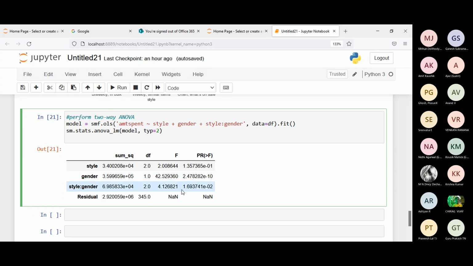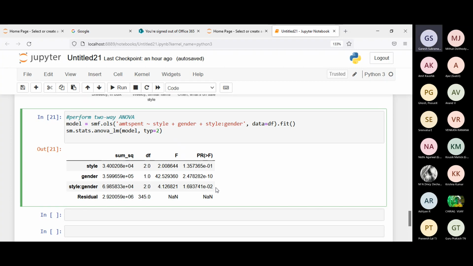Now, when I look at both style and gender, which is the interaction effect, look at the p-value, it is less than 0.05, indicating that the interaction effect of shopping style and gender is also significant. It is also having a significant impact on the amount of money spent.